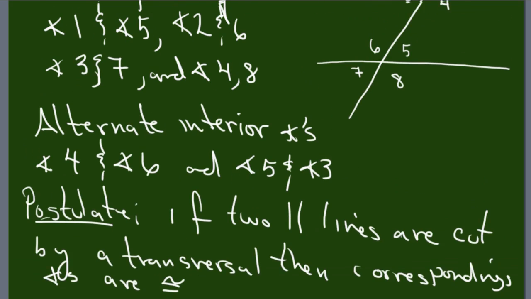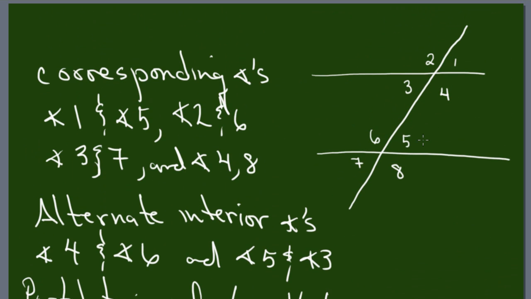In other words, if these don't just happen to be any two lines cut by a transversal, but instead they are parallel and cut by a transversal, then corresponding angles are congruent.